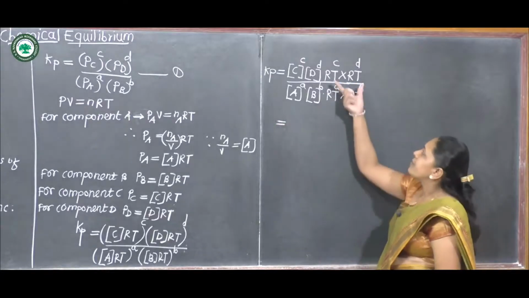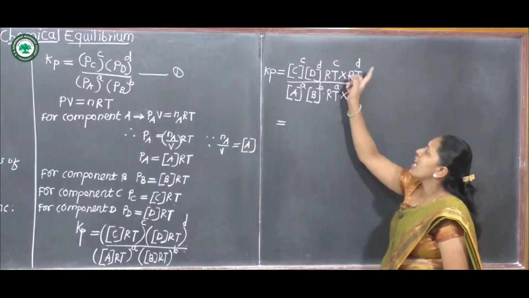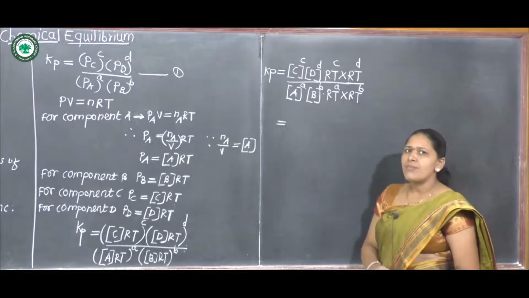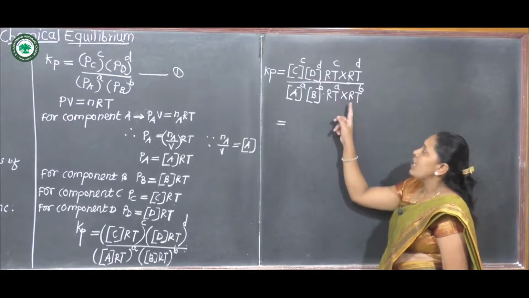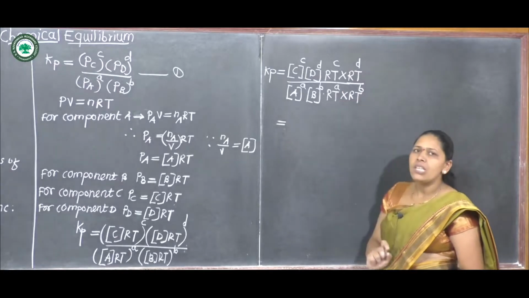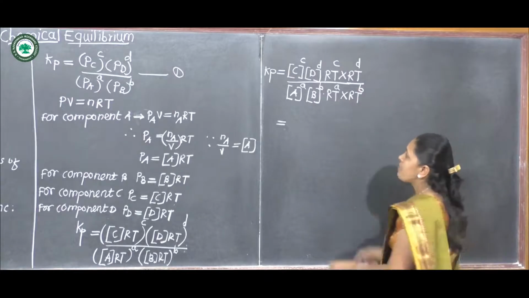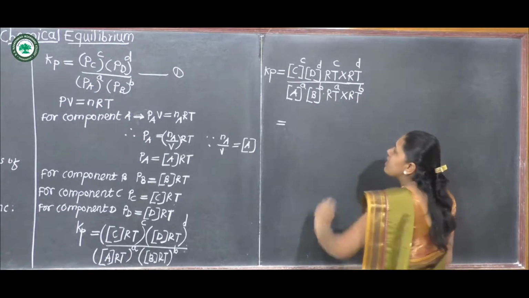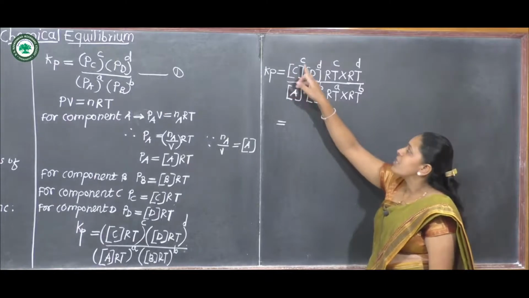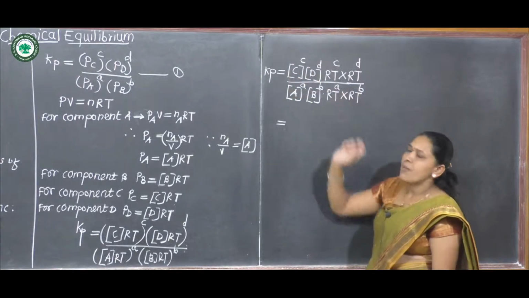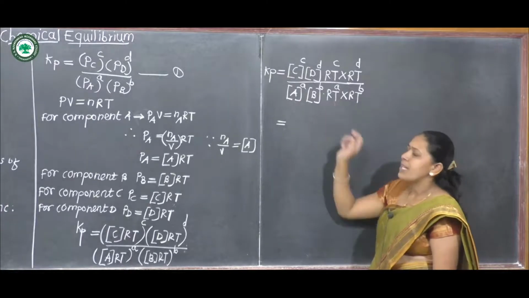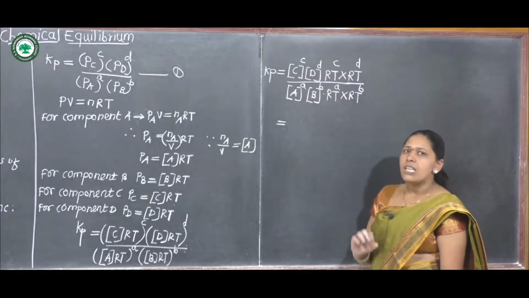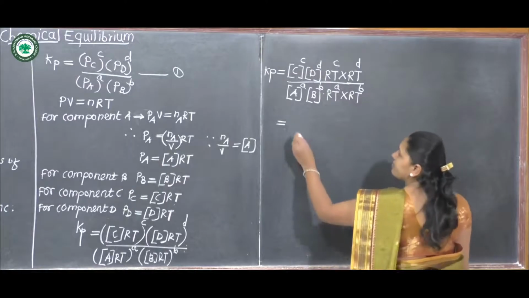We know that RT raised to c and RT raised to d is nothing but RT raised to c plus d. Similarly, RT raised to a multiplied by RT raised to b is nothing but RT raised to a plus b, and this is the concentration of C raised to c into concentration of D raised to d divided by concentration of A raised to a multiplied by concentration of B raised to b, which is nothing but Kc.